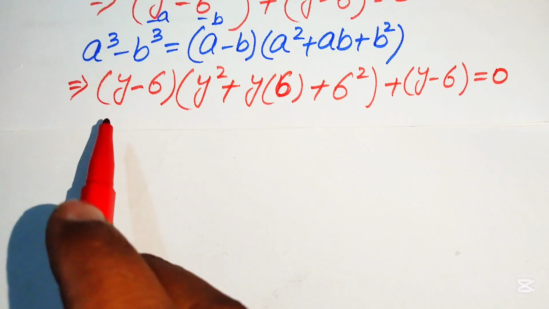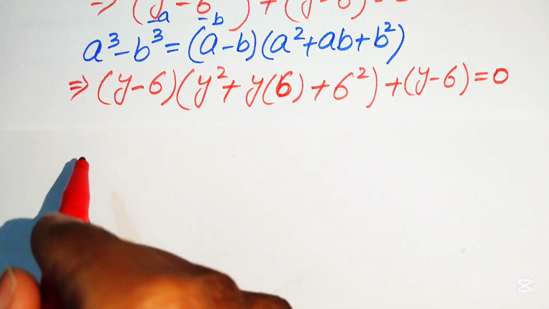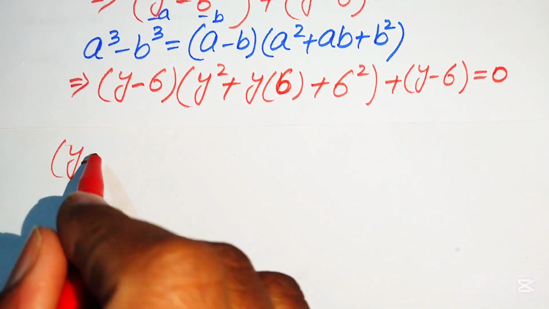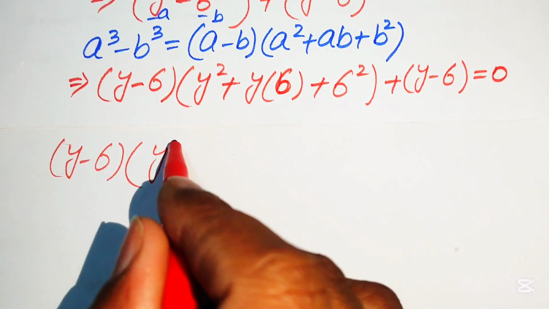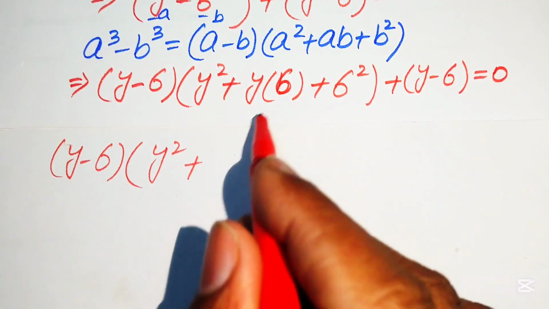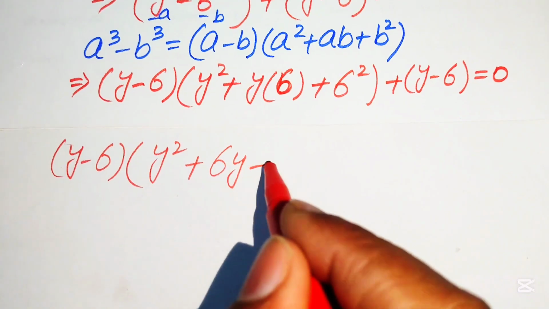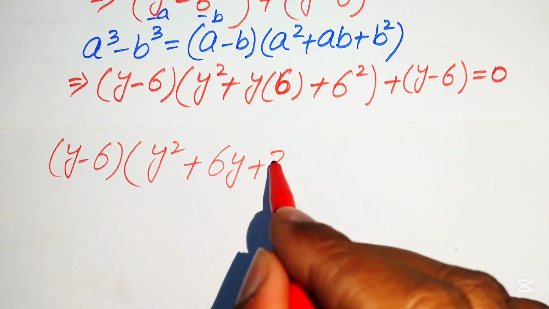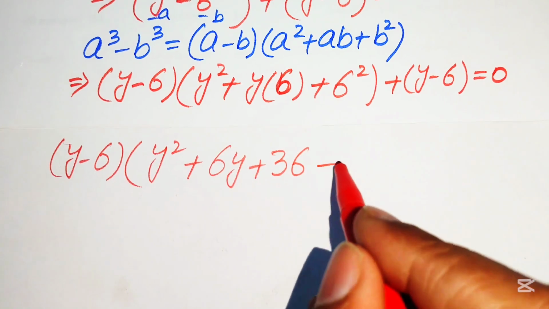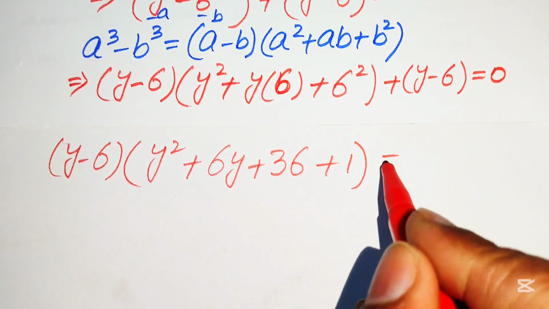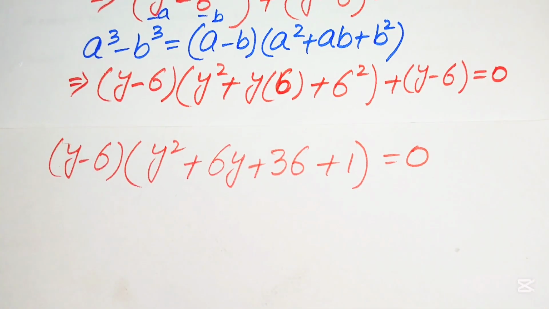After this step, you see here we have y minus 6 as the common term, so we need to take common y minus 6 and the remaining terms are y square plus 6y and plus 6 square, which equals 36. When you take common y minus 6, we get plus 1 equals 0.